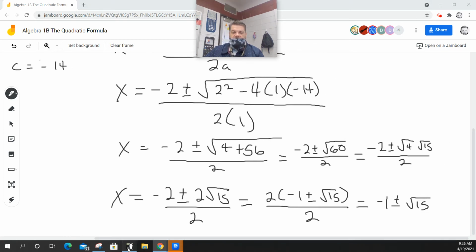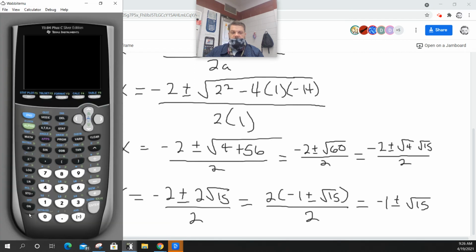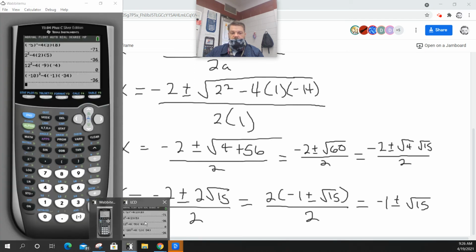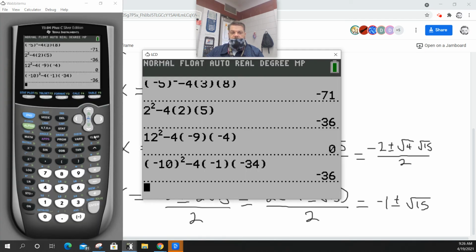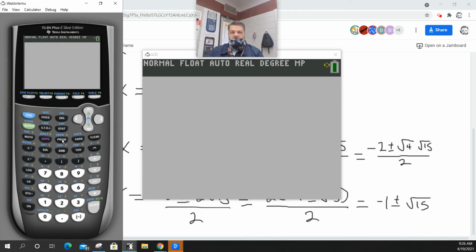So let's plug it into our calculator. Turn on your calculator. We're going to use the program. Clear this out. Hit the program button. Use the quadratic formula. We're going to plug in a, which we said was positive 1, b was positive 2, and c was negative 14.